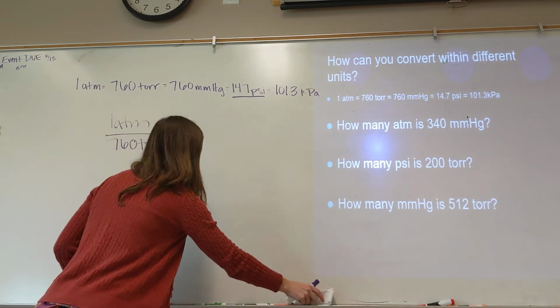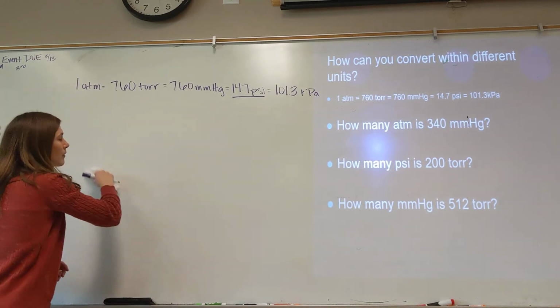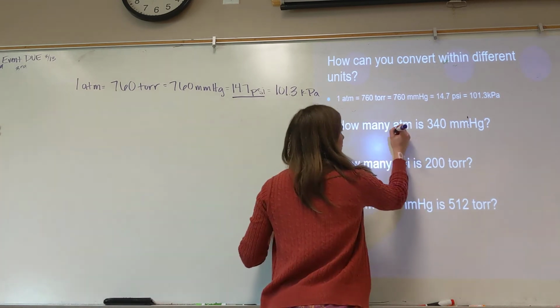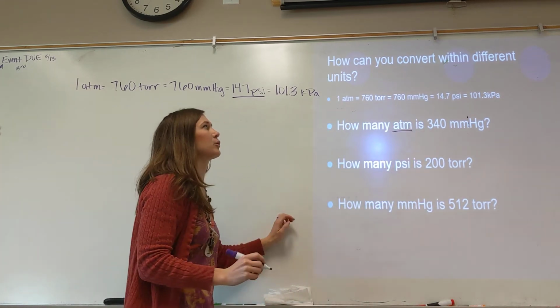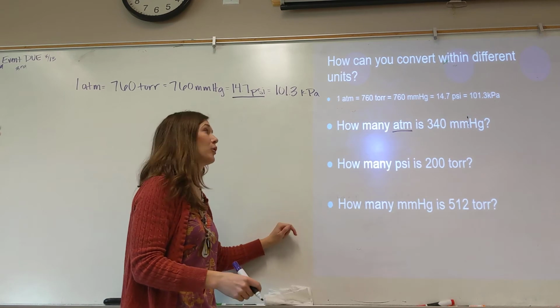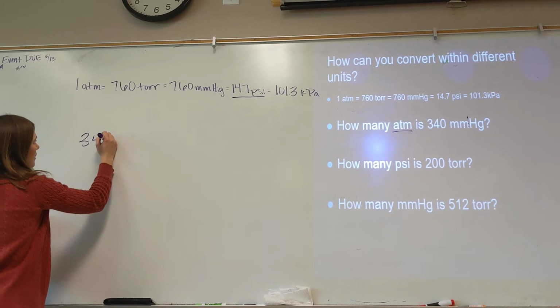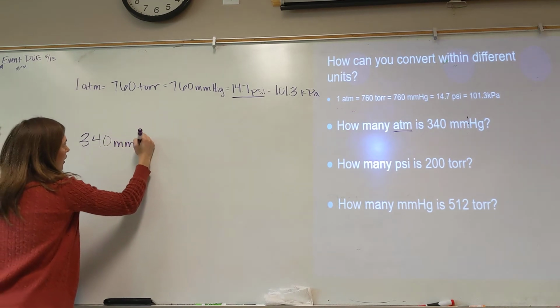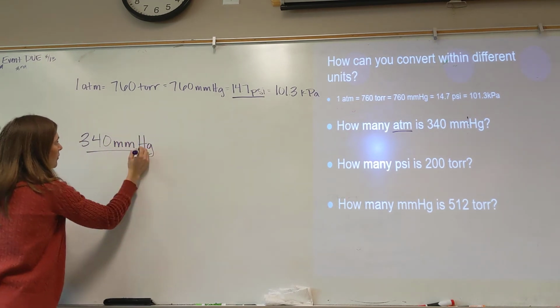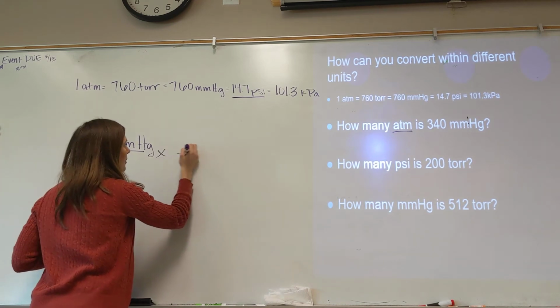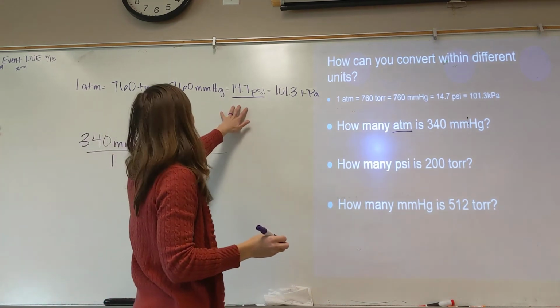Alright, so let's start with the first one. It says how many atmospheres, which is what ATM is, is 340 millimeters of mercury. So I'm going to start with my 340 millimeters of mercury. I'm going to put that over 1 because that's my given. I'm going to multiply. I'm going to look at all of my conversion factors.